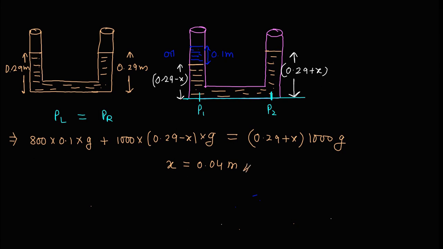Now the problem is asking us to find out the value of h1 by h2, where this is treated as height h1 and this one is treated as height h2.